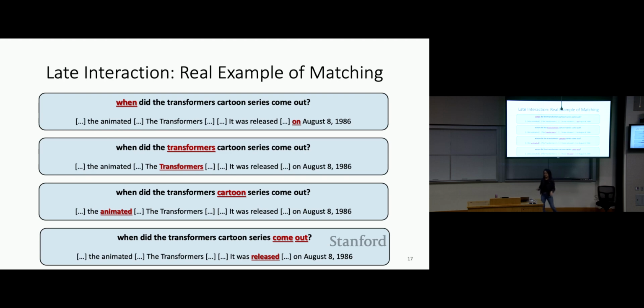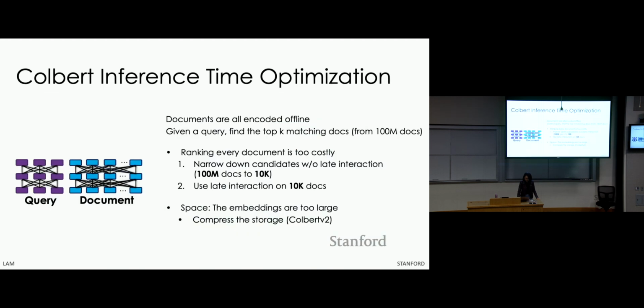So in other words, we don't have a single value for the document, but each of the vectors in the query matches to different vectors in the embedding for the document. And this is how you can get this fine-grained interaction, pulling out the right sentence. Any questions about that? So that's the basic idea. So you delay the interaction, and you pay for it only at the last point.